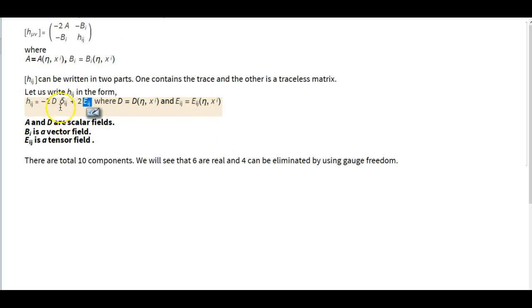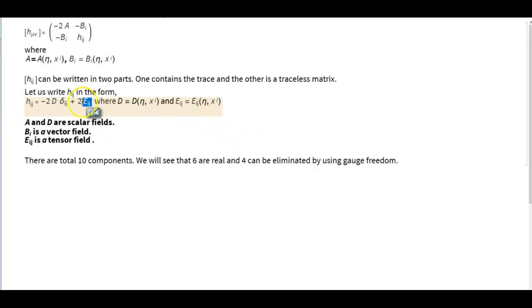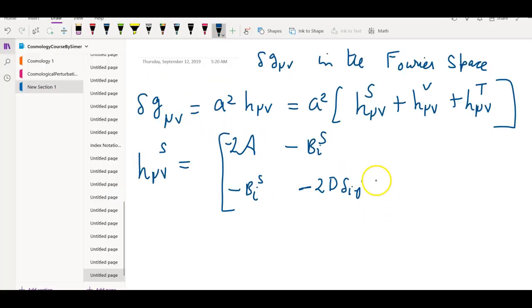Hij scalar is minus 2d delta ij plus 2eij scalar. This is what we have.